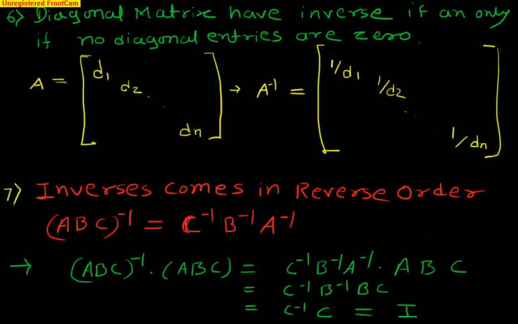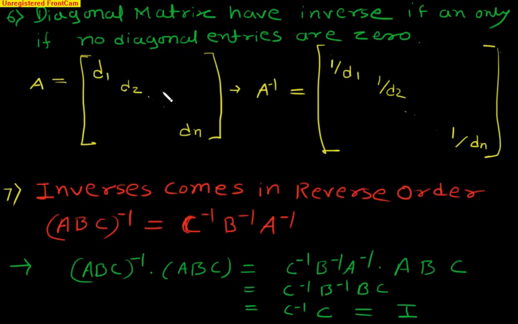Now we will move to page 2. Our sixth point is the inverse of diagonal matrices. Friends, a diagonal matrix is a matrix whose elements are all 0 except its diagonal elements. None of its diagonal elements is 0 and all others are 0.